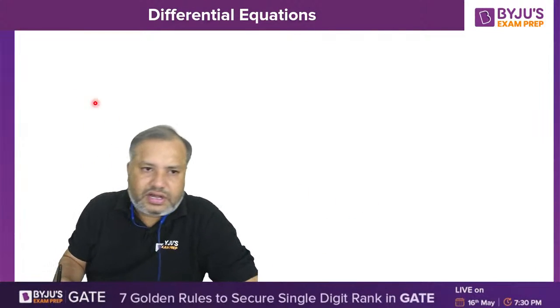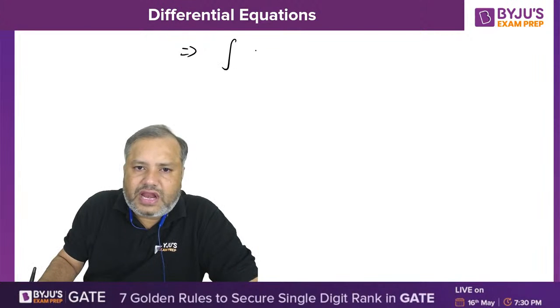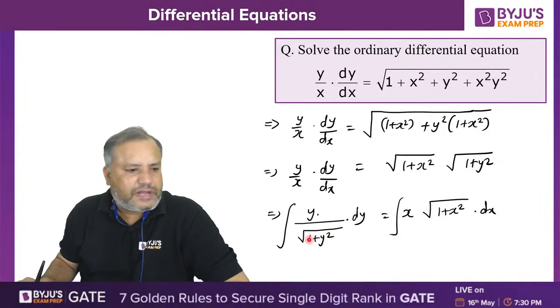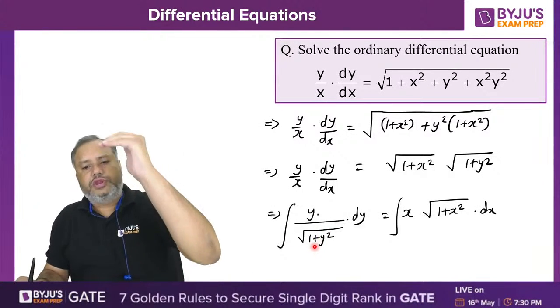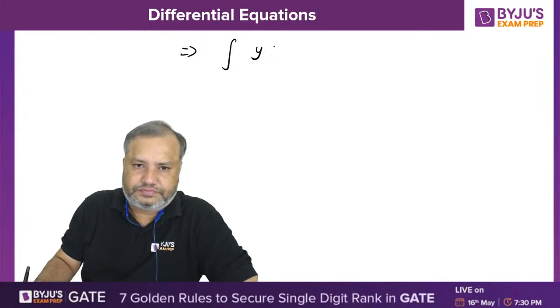We are having y in the numerator. This 1 plus y square is written under square root. So when this term is brought to the numerator, its power will become minus 1 by 2.